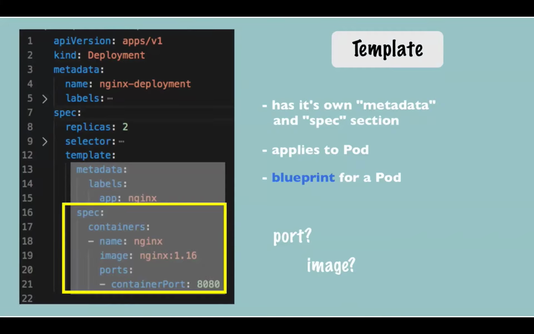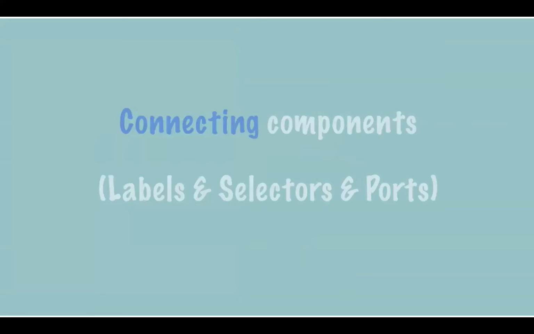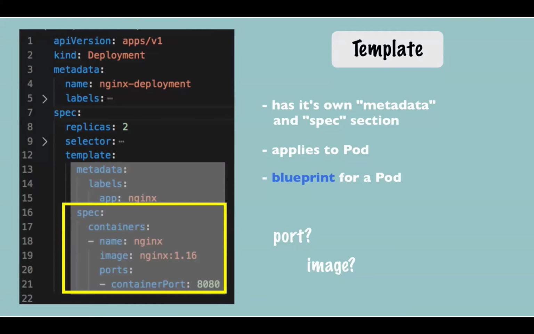So if someone asks you how your pod would look like, our pod will be looking like this container. That's it. It's a blueprint for a pod which is hosting this nginx image. That's it. So far, the template we have covered. Any question?